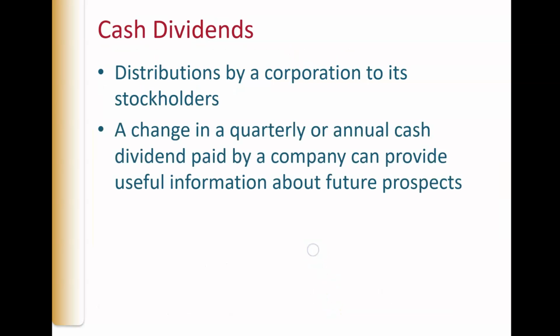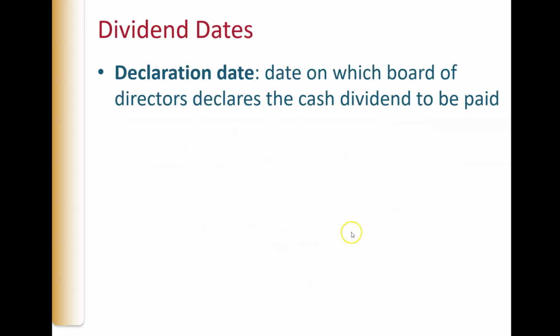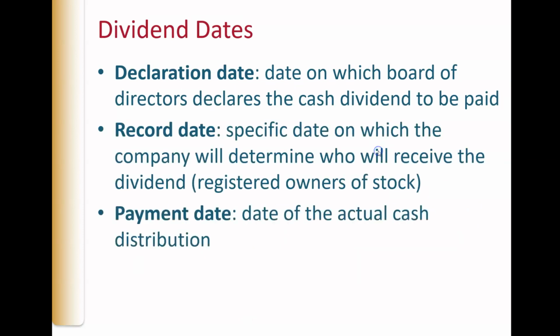And cash dividends. So we kind of jumped ahead and did a problem with cash dividends, and now we'll talk about it really briefly. It's the distribution by the corporation to the stockholders, which I'm sure you already know. This is a review. Not all companies pay dividends. There are 3 dates you need to be aware of. The declaration date. This is the date which the board of directors declares the cash dividend to be paid.